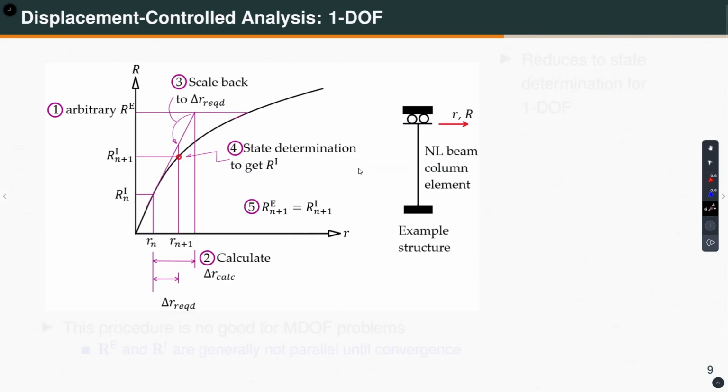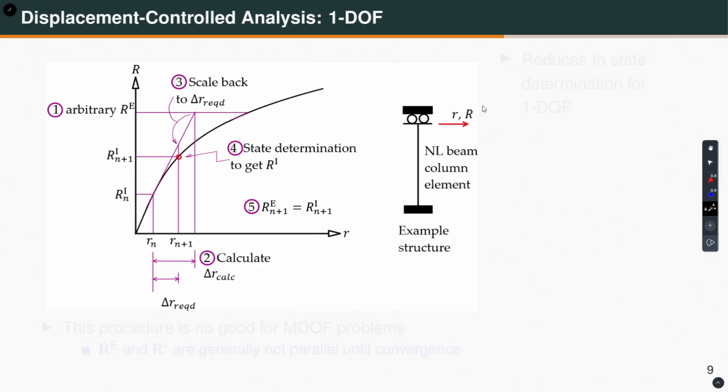Okay. So for a single degree of freedom problem, let me show you what it means. Let's say I take a cantilever column like this, which is fixed here, and here I am restraining the rotation by putting a guided roller, and in the vertical direction also it is restrained. So there is only 1 degree of freedom, little r and capital R. Little r is my displacement, capital R is my corresponding force.